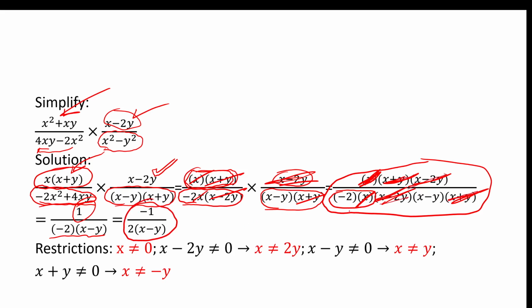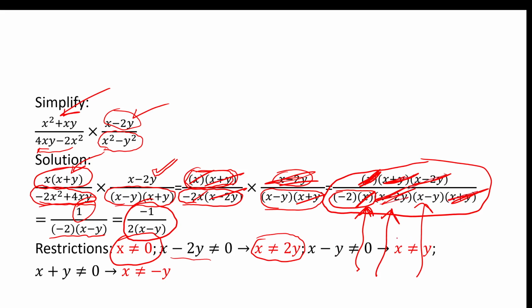Okay, well, what are our restrictions? Well, we see right here, where I'm pointing, we had a factor of x in the denominator, so x cannot equal 0. Now, right here where I'm pointing, we had a factor of x minus 2y, so x minus 2y can't equal 0, ultimately meaning x cannot equal 2y. We see a third factor of x minus y.